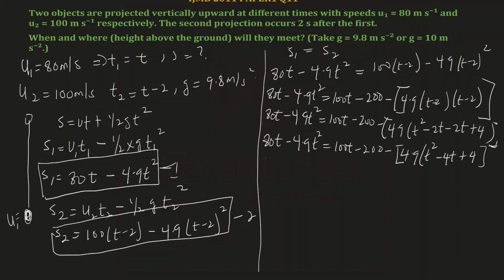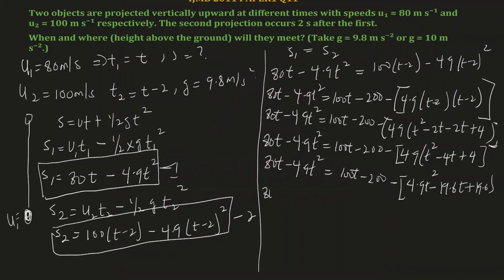All right, let's fold this bracket now. 4.9 times t squared is 4.9t squared. 4.9 times 4t is 19.6t. 4.9 times 4 is plus 19.6.